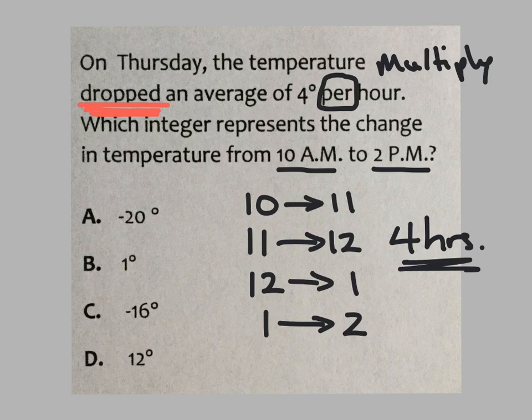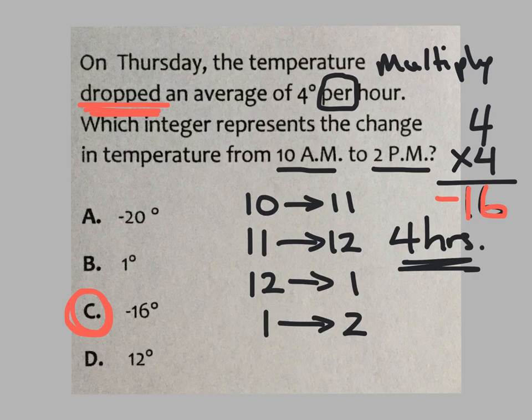So what's 4 degrees for 4 hours? 4 times 4 is 16. Now remember, the solution isn't 16, it's negative 16, because the temperature was dropping or going down, which suggests negative. So negative 16, which is answer choice C.